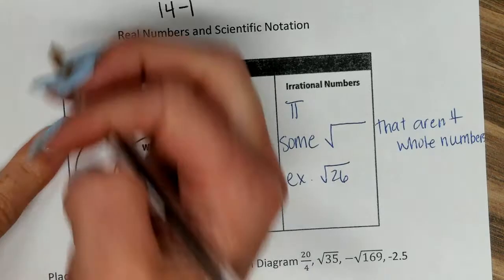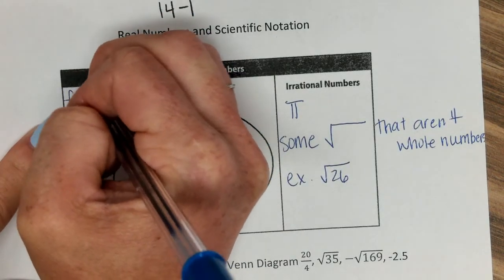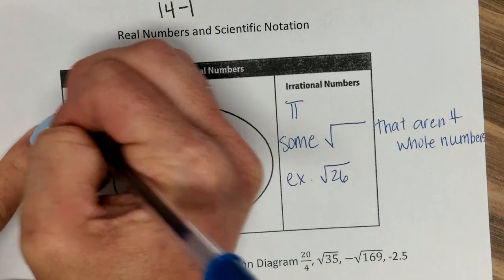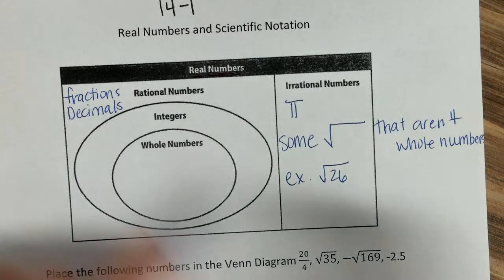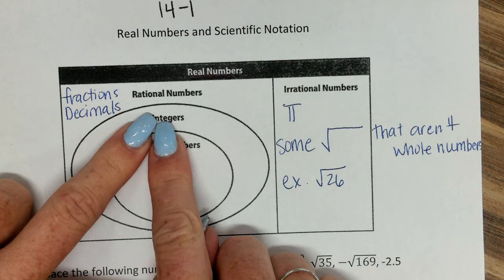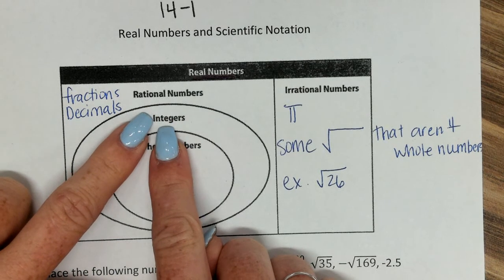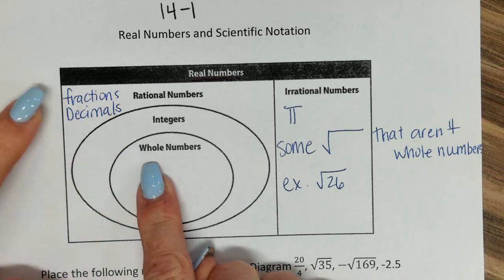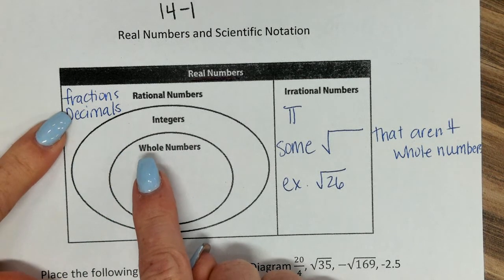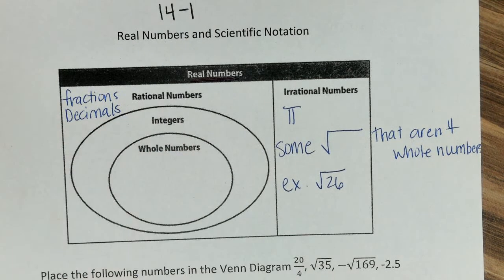These are your fractions, your decimals. They are rational. Your integers, do we have to write down or is it already there? It's already there. And your whole numbers. These are your fractions, your decimals, your integers, and your whole numbers.